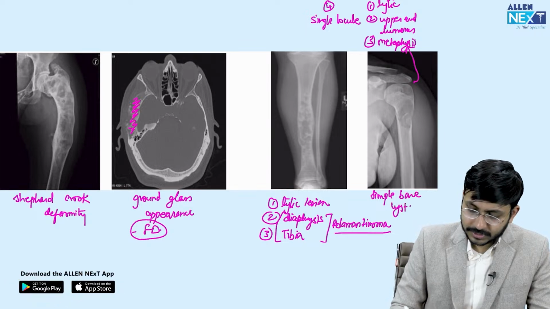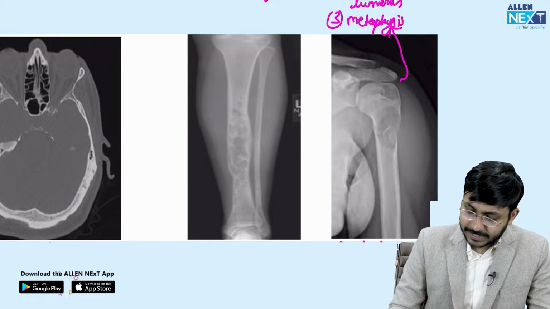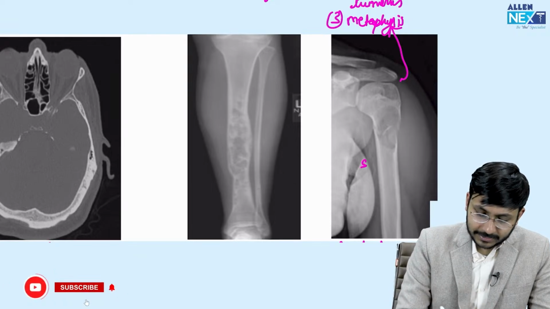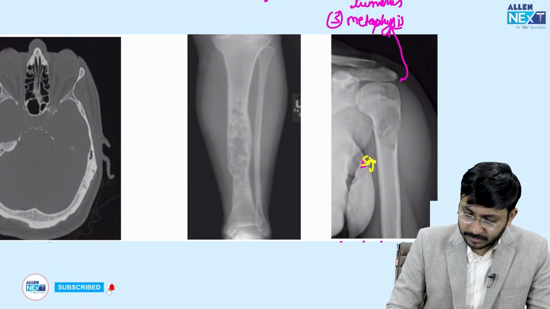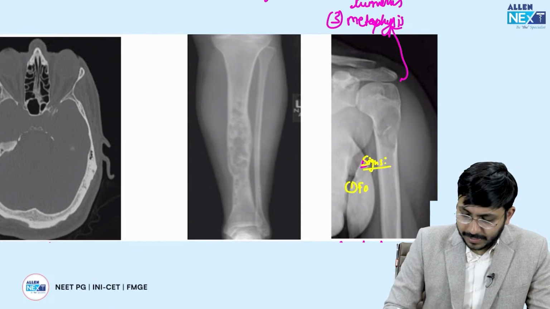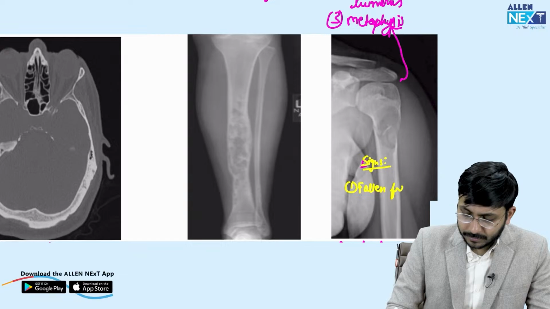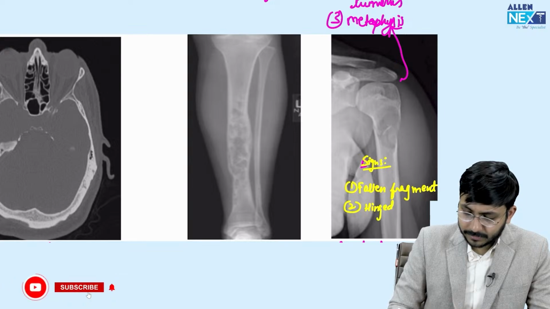And in simple bone cyst, we know we get two important signs. One of them is the fallen fragment sign, and another one is the hinged door sign.